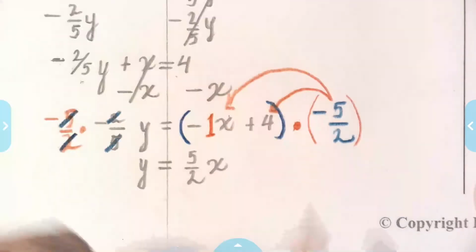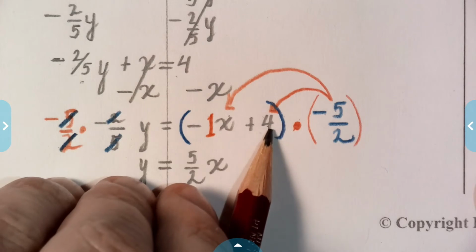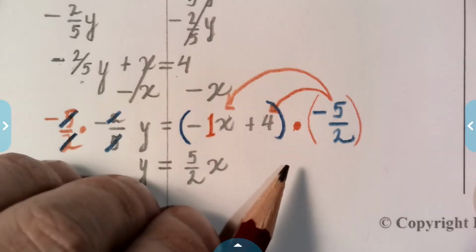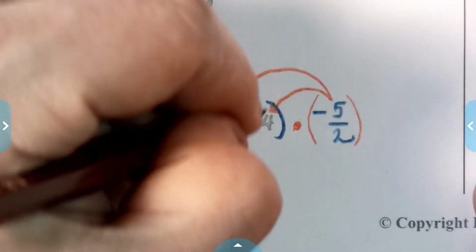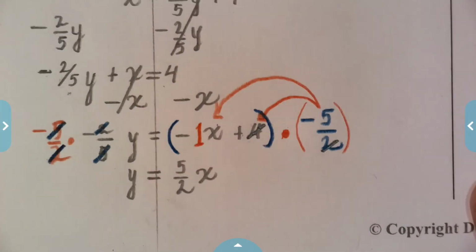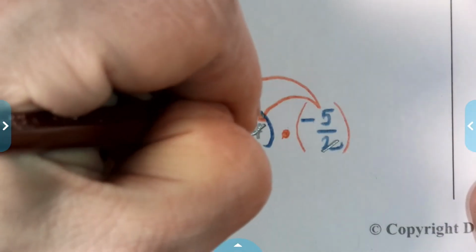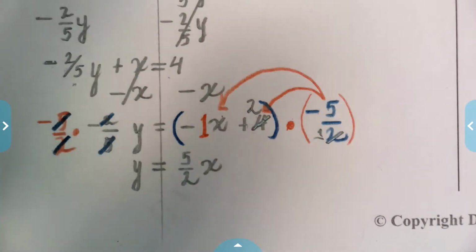Then we're going to multiply negative 5/2 times 4. One thing I can do to make this a little bit simpler is cancel this 4 with this 2, making this a 2 and this a 1. My life is a little bit simpler now.